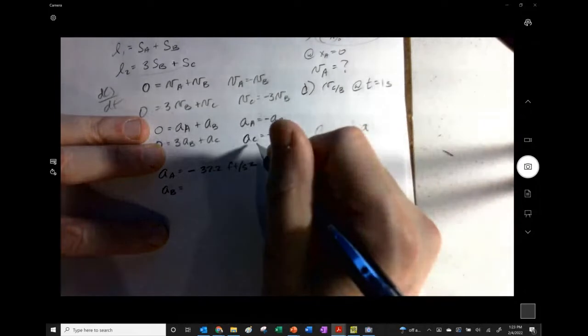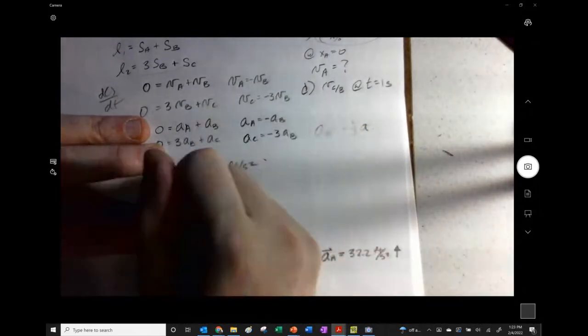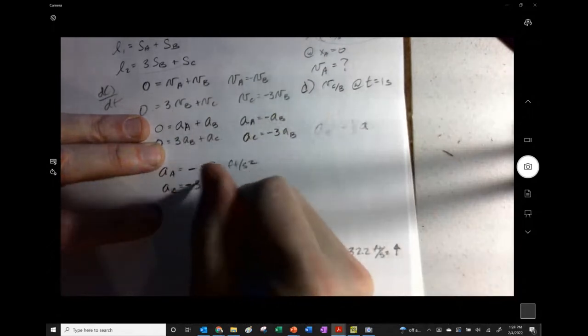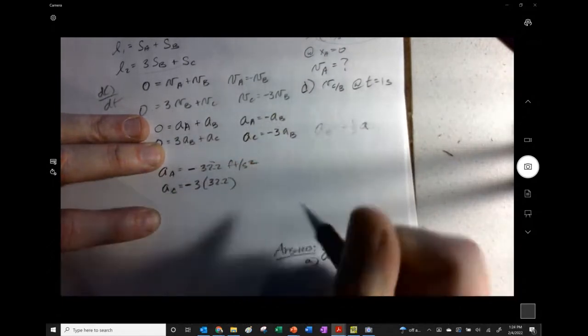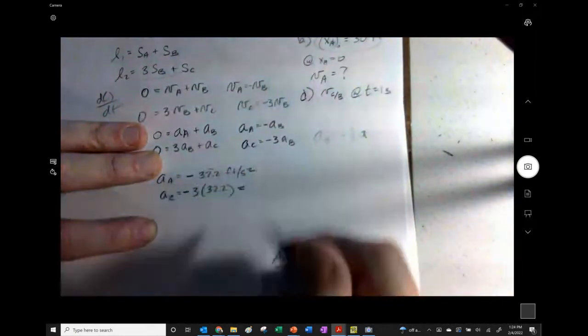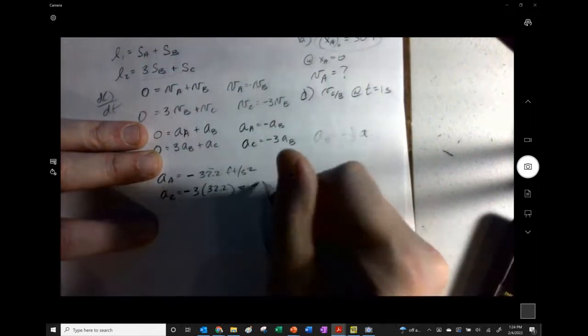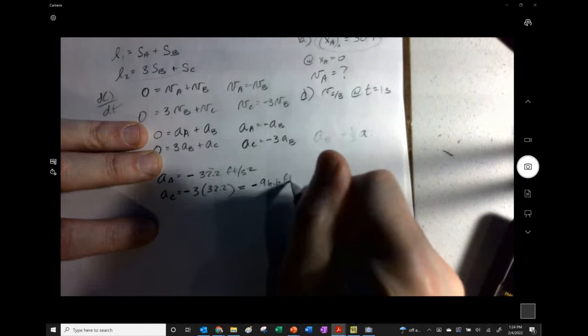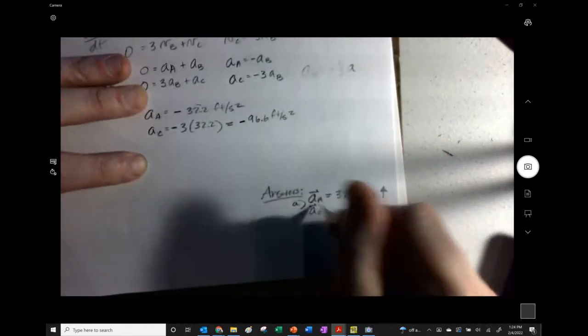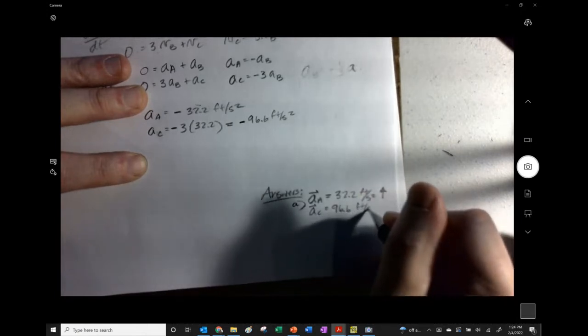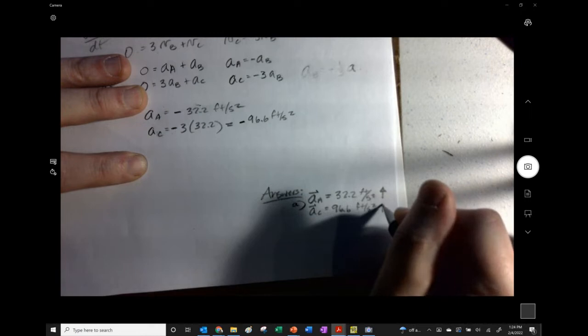No, I was good. Yes, I got it. Negative 3 times our 32.2. What's that? 96.6. That sounds right. 96.6 feet per second squared. And so our answer for AC is 96.6 feet per second squared, also going up.